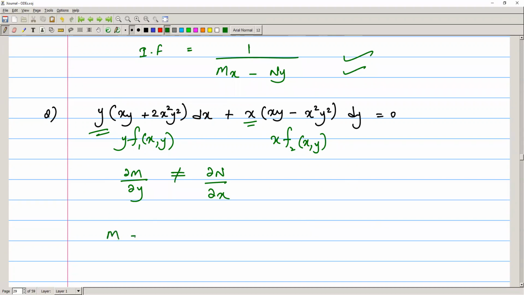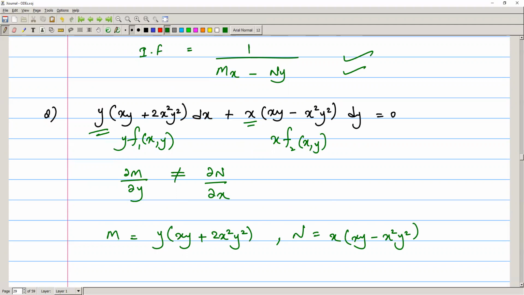So M in our case is y times (xy plus 2x squared y squared), and N is equal to x times (xy minus x squared y squared), right? So this is M and this is N.